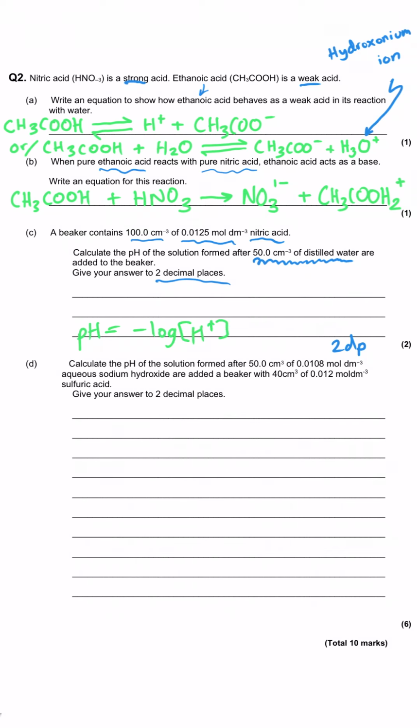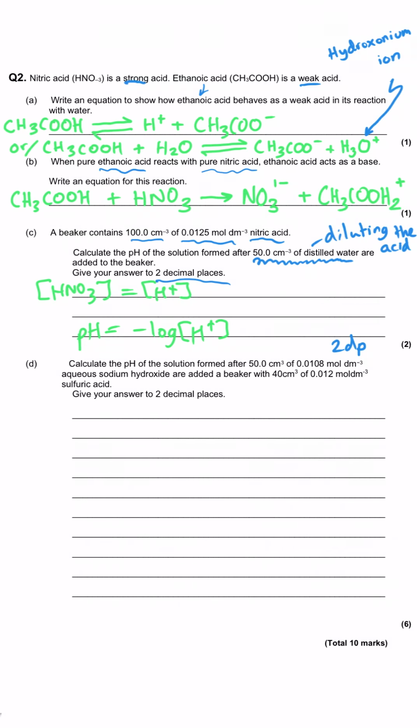We've already been told that the nitric acid is a strong acid, so that means that the nitric acid concentration is going to be the same as the hydrogen ion concentration. However, because we're adding the water, the effect that that has is diluting the acid. And so what we need to do is find the new acid concentration, which will be the same as the new H+ concentration because it is a strong acid.